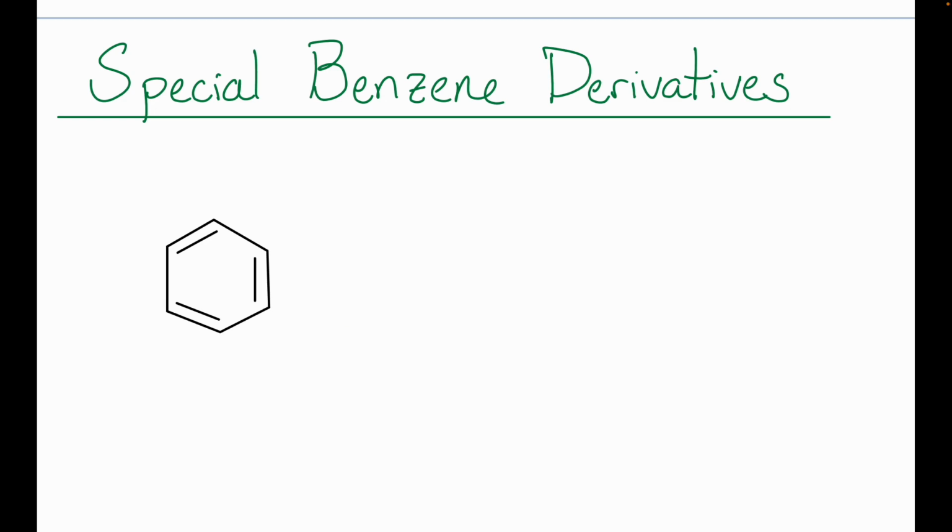Okay, so benzene with a carboxylic acid. This molecule right here has its own special name. This is benzoic acid.